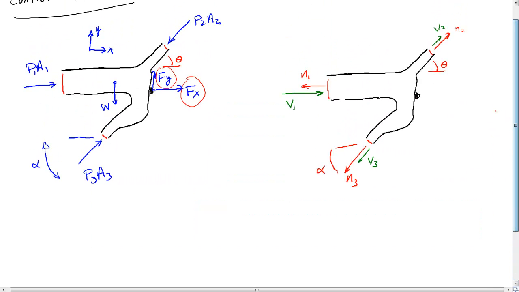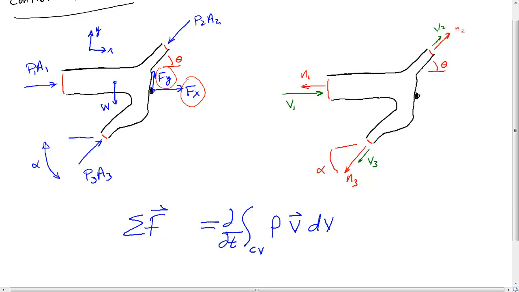And let's go to solving our problem. The sum of the forces is equal to the change in time over the control volume of rho v d volume, plus the integration around the whole control surface of rho v, then v dot n, d area.